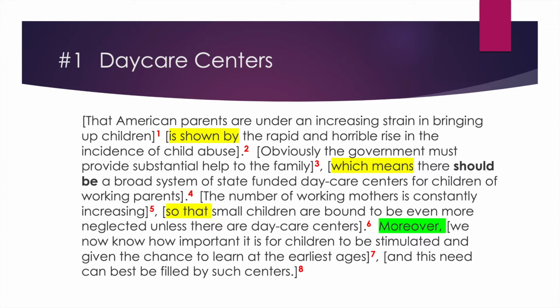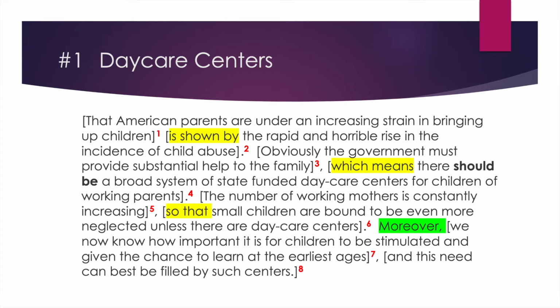That's evidence, so that, which shows that or proves that, small children are bound to be even more neglected unless there are daycare centers. So we have assertion number 5, which functions as evidence in support of assertion number 6, with the indicator linking them being "so that."